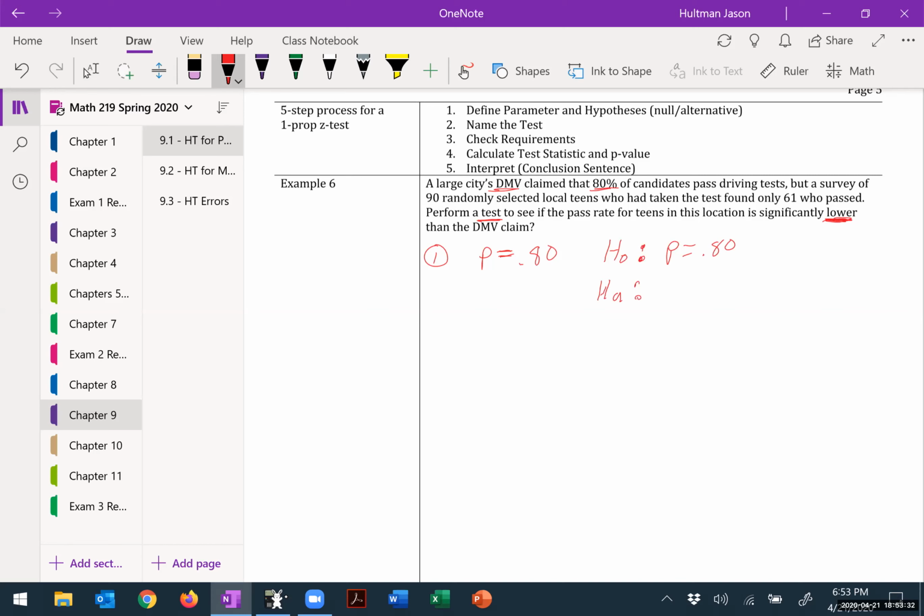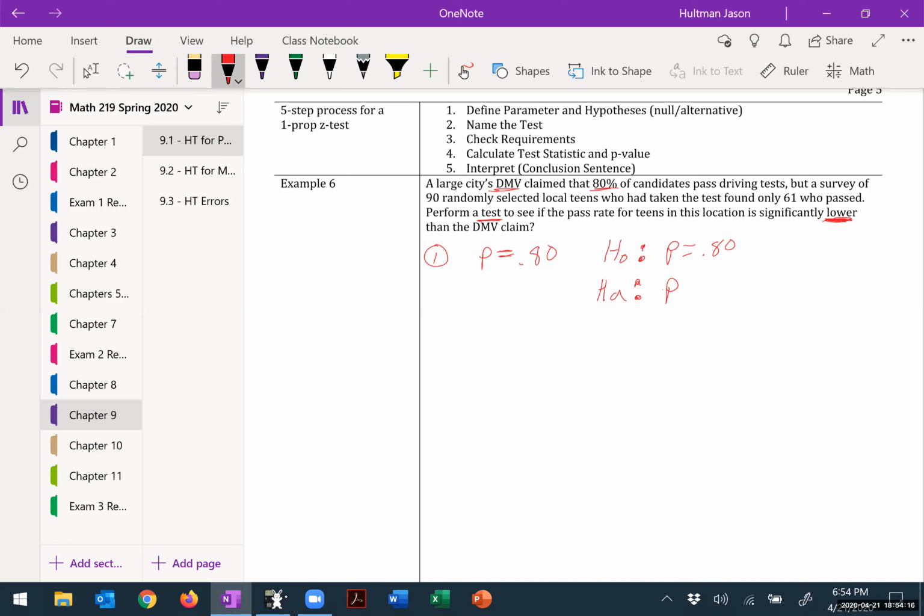What's my alternative? And again, the equal sign always goes with the null. So now what are we testing? What's our alternative? Well, if it's equal, it could either be greater than or lower than. We could have an alternative that's greater, not equals, or lower.